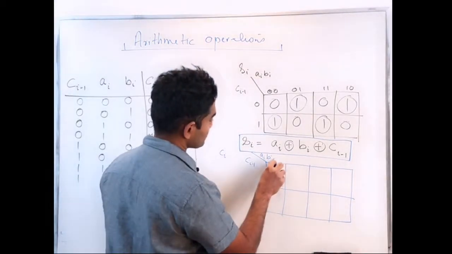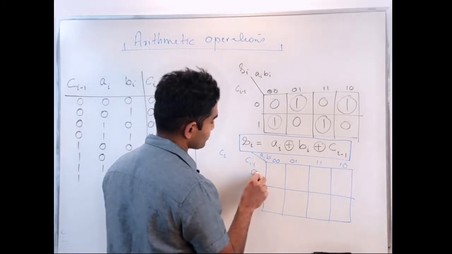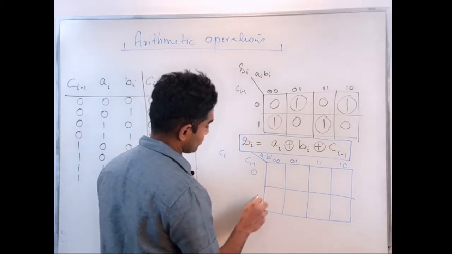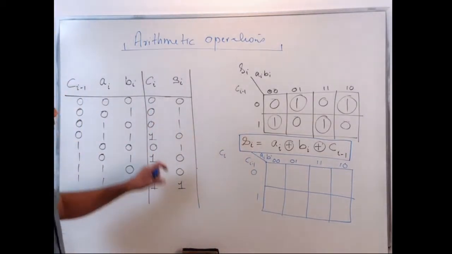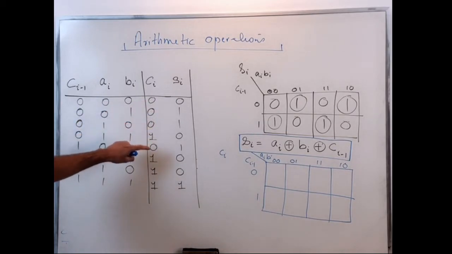And for Ci, I have 0, 0, 0, 1, 0, 1, 1, 1.